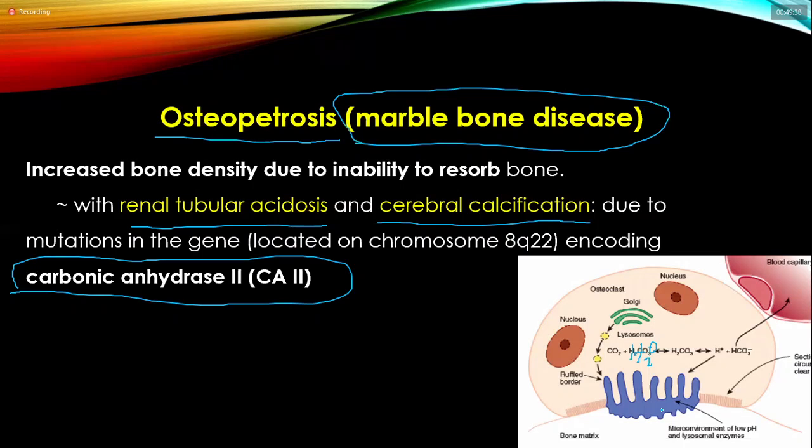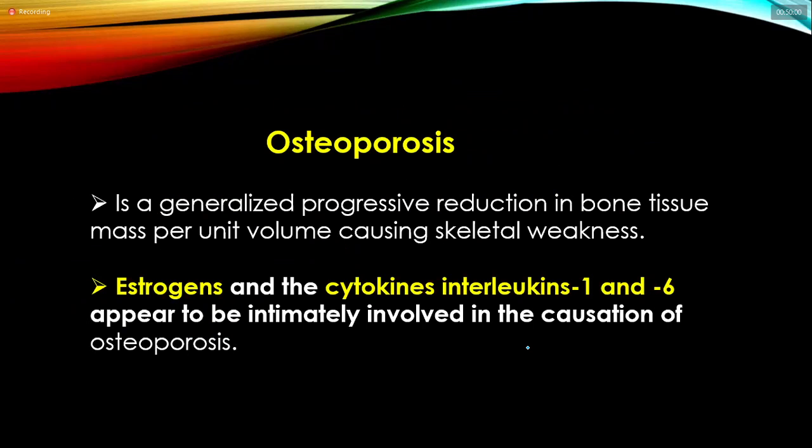This type is specific for the function of the osteoclast, while type 1 is responsible for the buffering system doing the same reaction, if you remember. From the molecular biology point of view, it's worth mentioning that this gene is located on chromosome 8, for example, and we can detect it easily by sequencing.